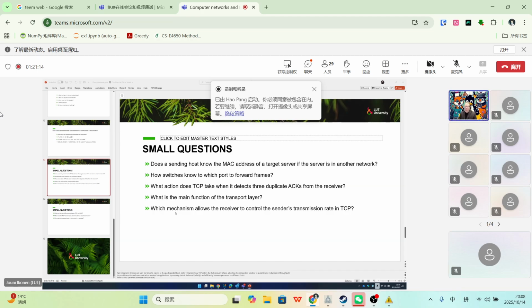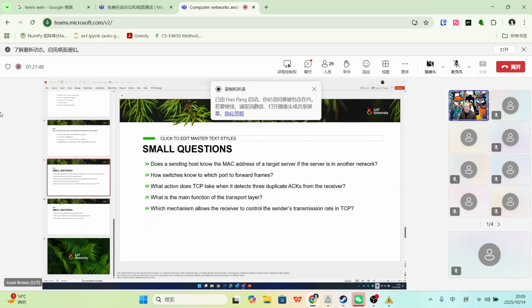So which mechanism then allows a receiver to control the sender's transmission rate in TCP? I think there are some flow bytes in the header, which is basically the control window, like how big it is, and the sender cannot send more bits than the current window.